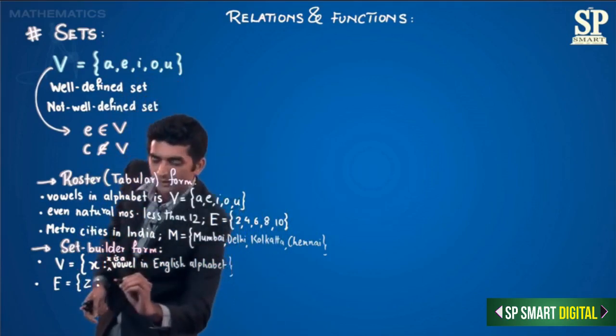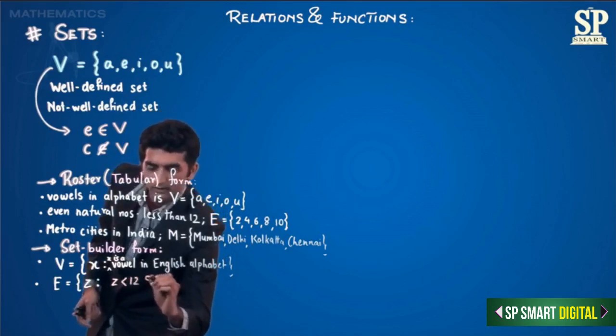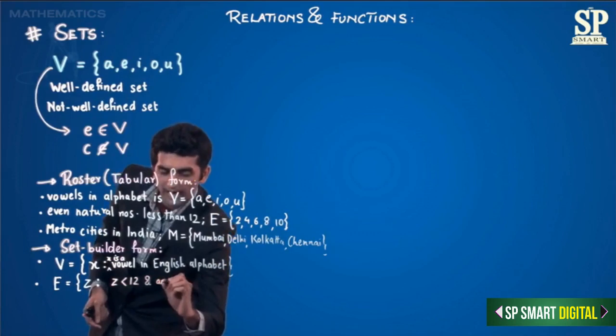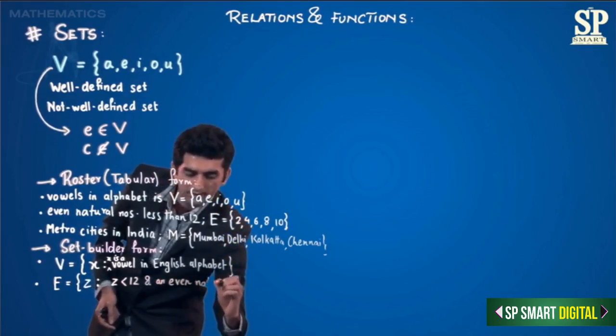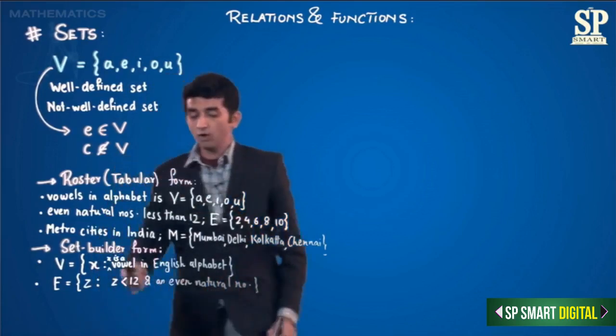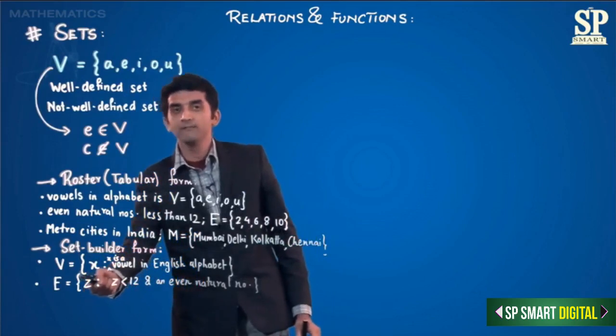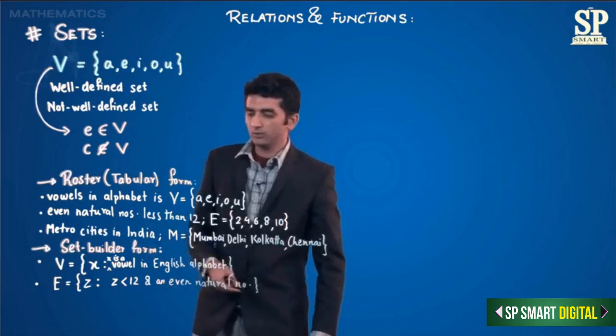This will be Z less than 12 and an even natural number. So as you can see, we have written the condition over here specifically on the general element Z, which signifies the set E, right? So this is how we write that.